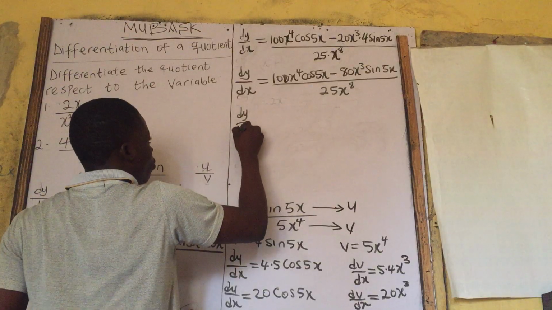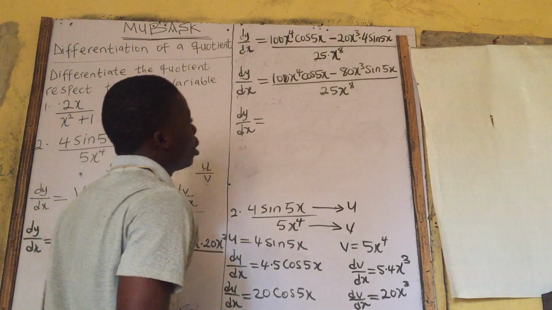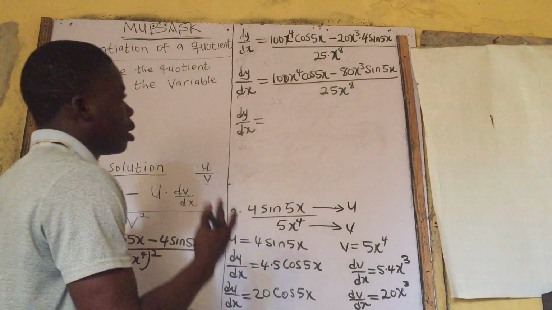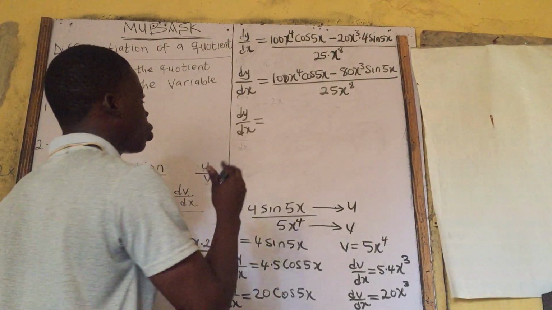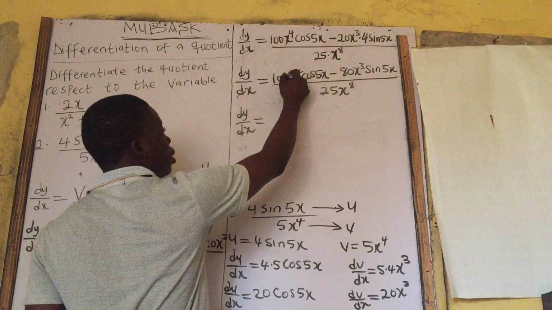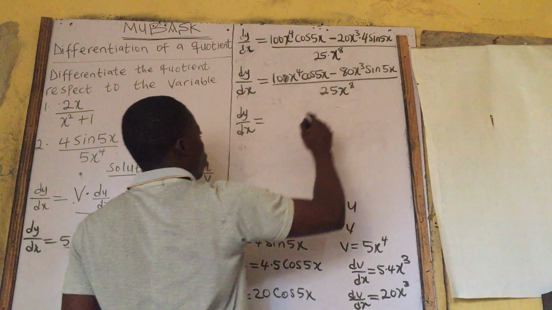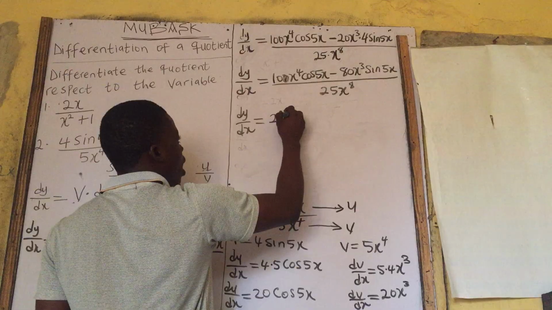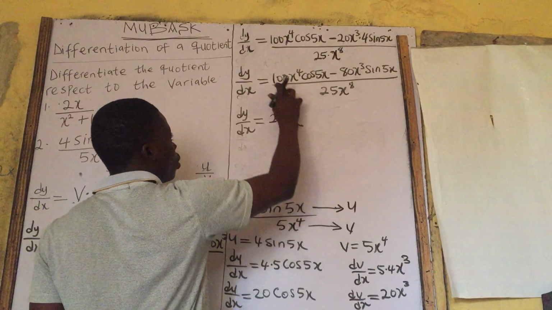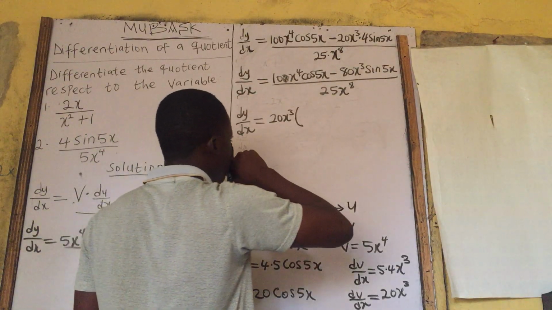Also, dy over dx now equals what? I can factorize 20 out from this. If I factorize 20x cubed from the numerator, let us look at it. 20x cubed, if I factorize it from this place, what will remain?